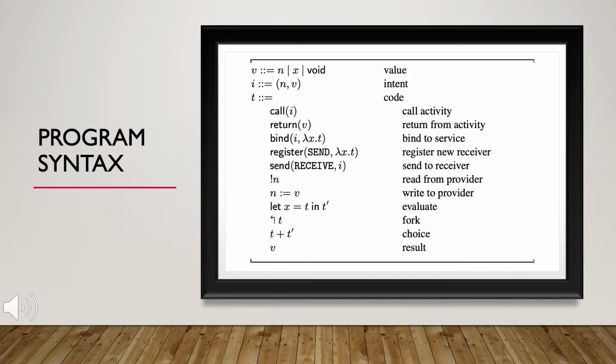We can call an activity, we can return from activity, bind to the service, register a new receiver, send to a receiver, read from the provider, write to the provider, evaluate, fork, choice, and have a result. These are all extremely imperative, considering how we will be using this to guarantee security in Androids.